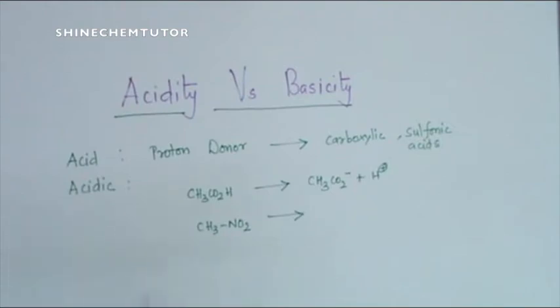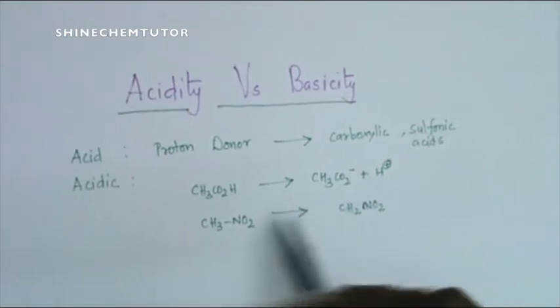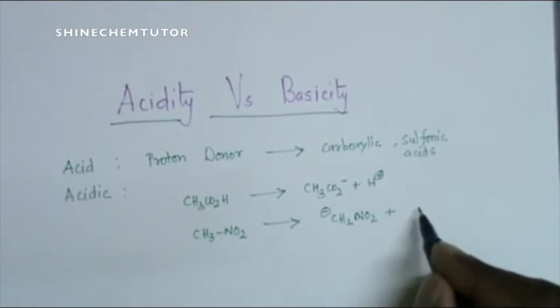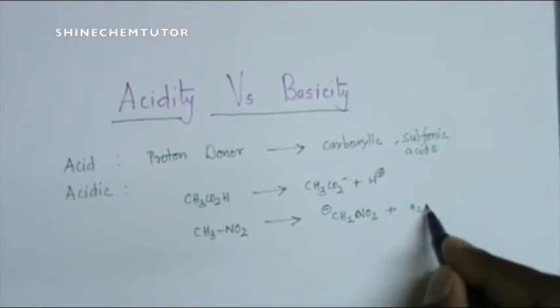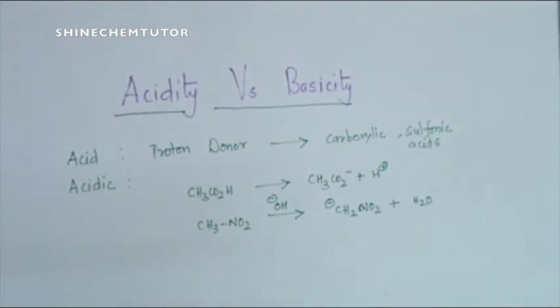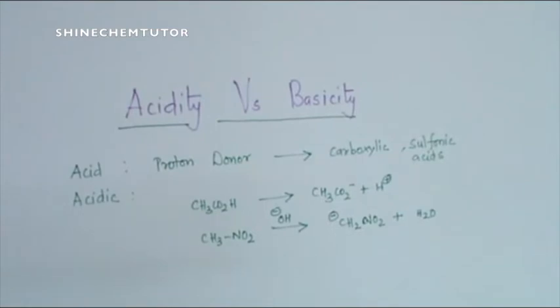Even in solution, it will remain as CH3NO2. But if I add a base, then this hydrogen will be taken to give carbanion and H2O. So this proton is acidic, and this is an acidic proton.